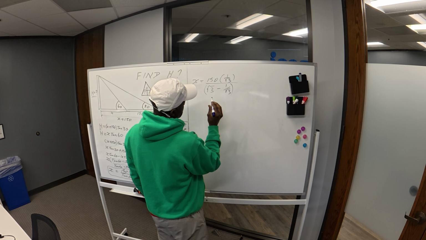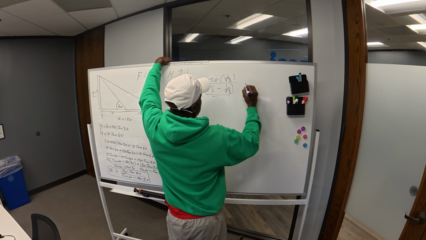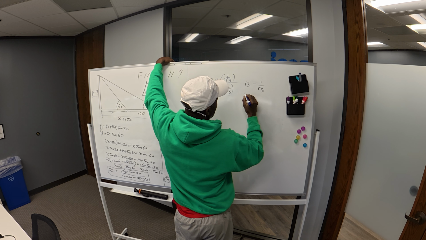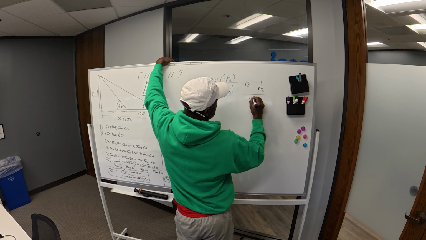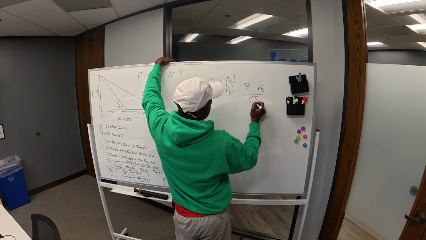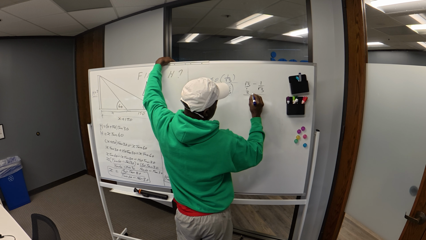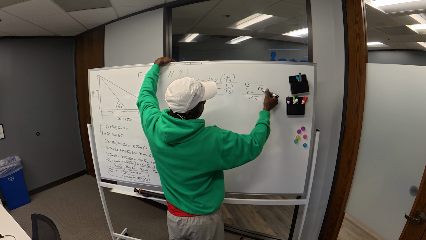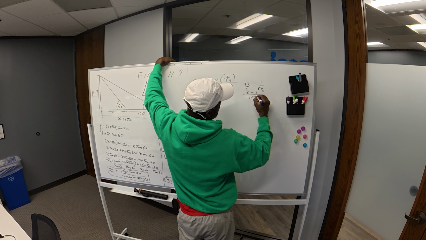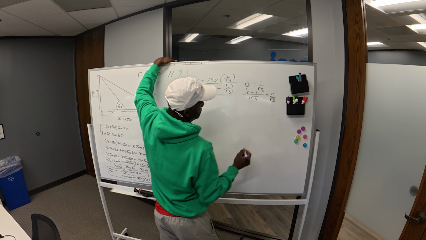So let's deal with this part of the equation, where I have square root of 3 minus 1 over square root of 3. I know the LCM of that is square root of 3. Square root of 3 over 1 will go there 1 time. Square root of 3 times square root of 3, I know that is 3, minus square root of 3, will go there 1; square root of 3 will go there 1 time 1 is 1, so that will be equal to 2 over square root of 3.